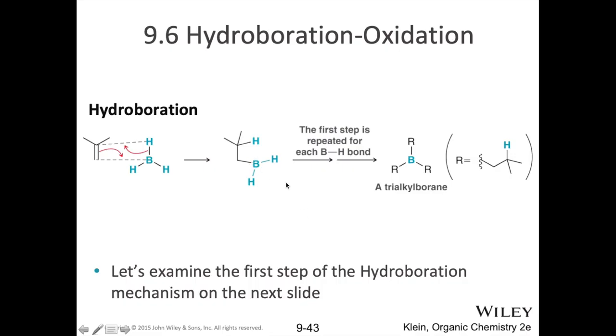Now, as long as you have your BH3 floating around with excess alkene, you actually have this happen to each of the hydrogens on your boron. Okay, so you actually wind up getting a trialkyl borane. Your substrate, your alkene, adds on 3 times to your boron.